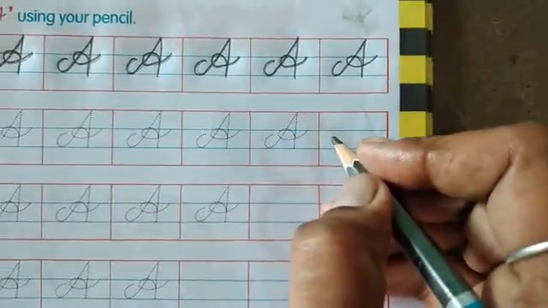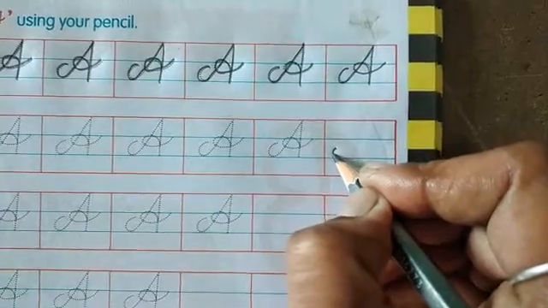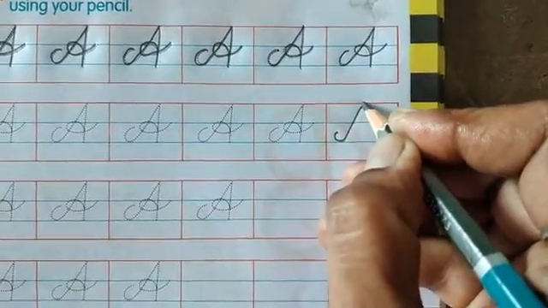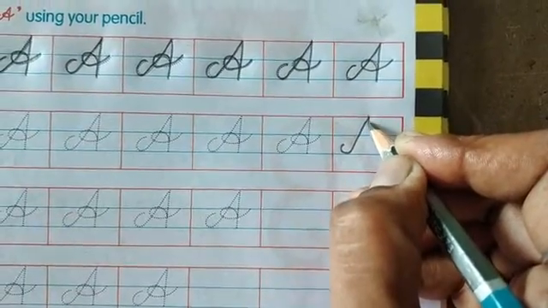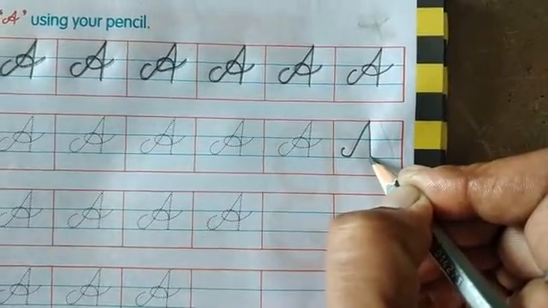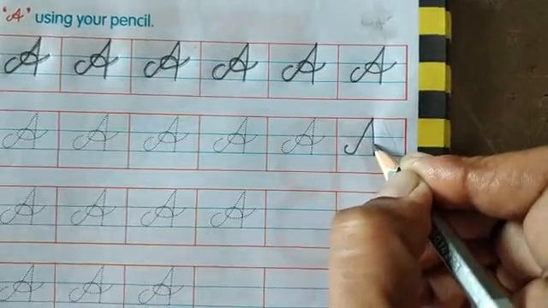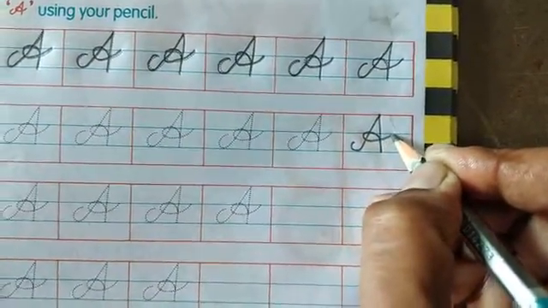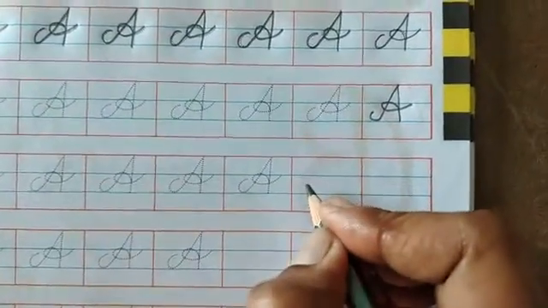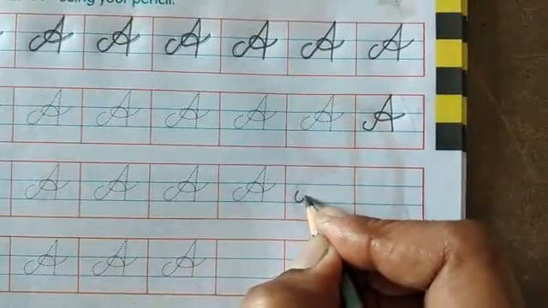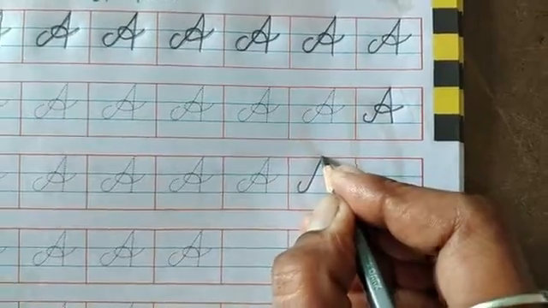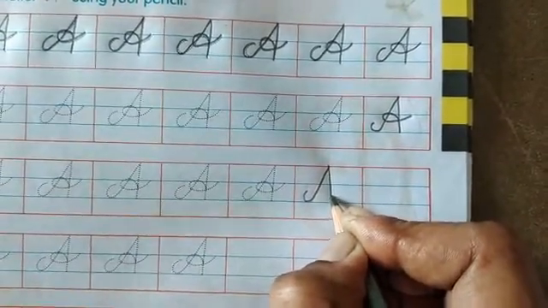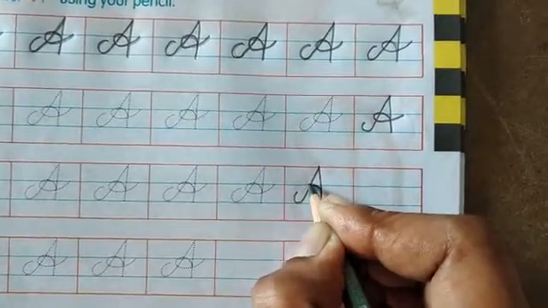Now let's write some more. Make curve, go up to touch the red line, come back down on a second blue line, go up, make knot and take a curve. A. Take a curve, go up to touch the red line, come back down on a second blue line, go up little bit.